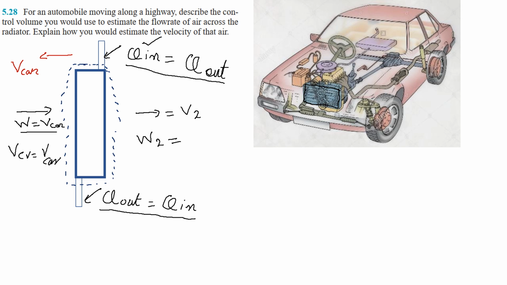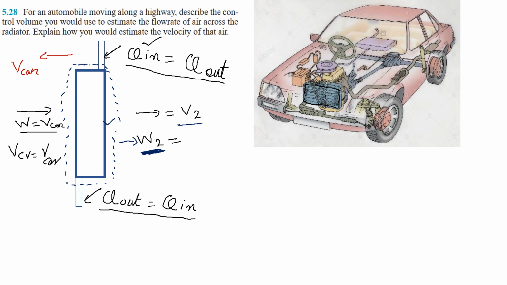So for W2, my reference point will be this control volume: it is the velocity of air going out of this radiator, but the reference point of this velocity is the radiator itself, because this radiator is our control volume. So the reference point for this velocity is our control volume, that is our radiator.